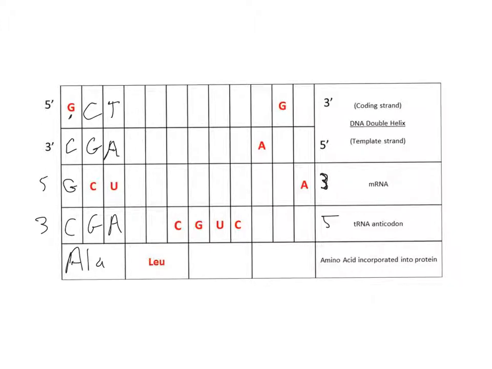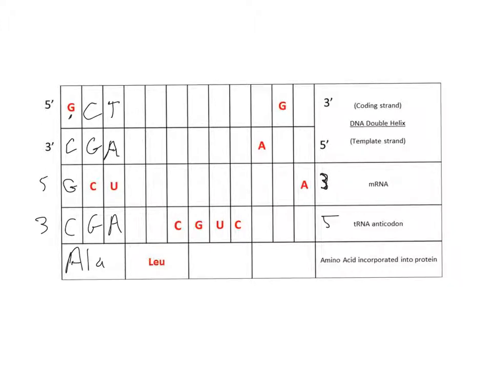So in the second column, this one's a little bit harder, but we see that we have a leucine there. And so if I look on my genetic code for leucine, I can look around and find leucine, and when I find leucine, I see that basically it has a C, U, and then any of the third nucleotides. It's got degeneracy at the third nucleotide point. So CUU, CUC, CUA, and CUG are all leucine.